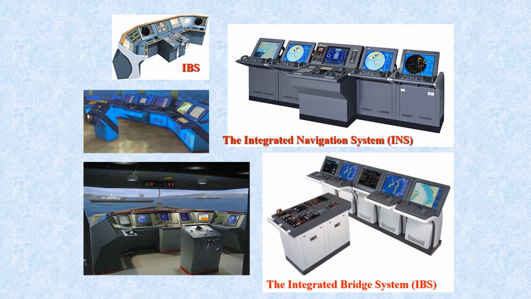The IBS also comprises dual radar and ARPA installation, DGPS positioning, AIS, a conning display with the presentation of information from the master ECDIS, then a GPS or some other speed measuring systems such as logs, Doppler logs, electromagnetic logs, autopilot and gyro compass systems, and a fully integrated GMDSS functionality.